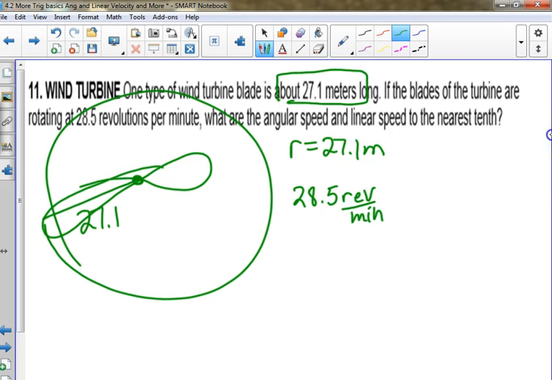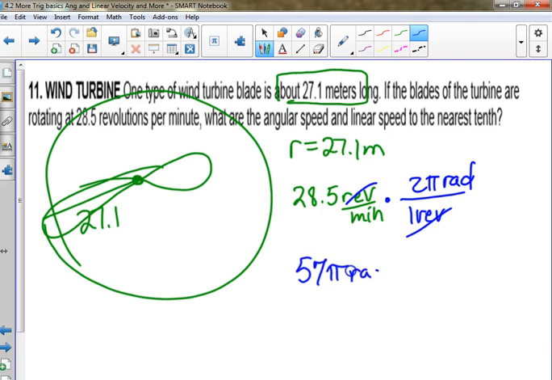Neither. What do we have to do to it? Got to be in what? Radians. So 1 revolution is 2 pi radians. So 28.5 times 2 is 57 pi, or you can give me a decimal. Radians per minute. And that's the angular speed.